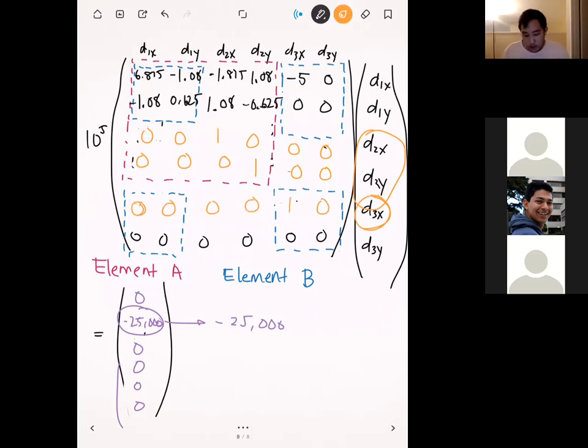Applying that roller support to our global system looks like this. And so now we've applied all the boundary conditions into our system here. Any questions on how we did that?